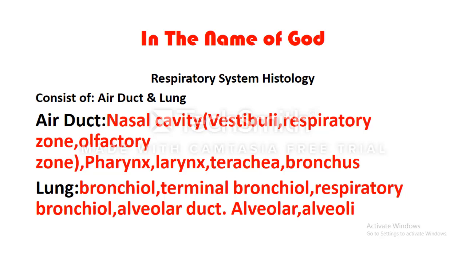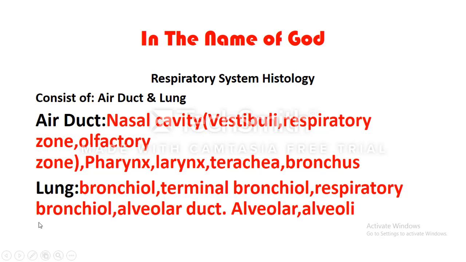Respiratory system histology consists of air duct and lung. Air duct: nasal cavity, consists of vestibule, respiratory, and olfactory. Pharynx, larynx, trachea, bronchus.